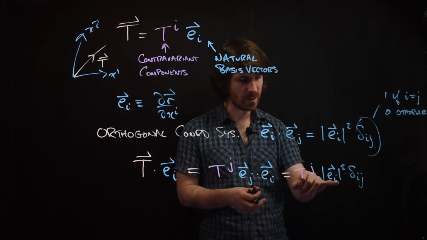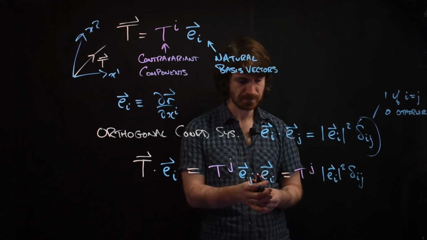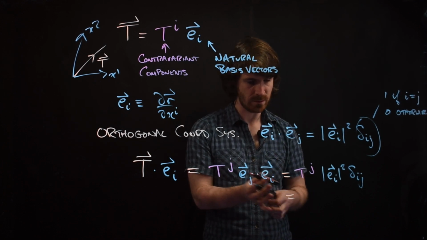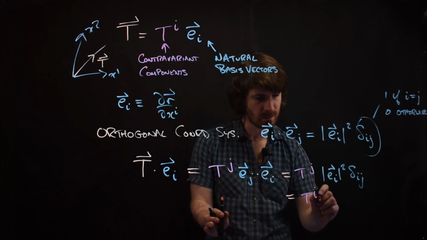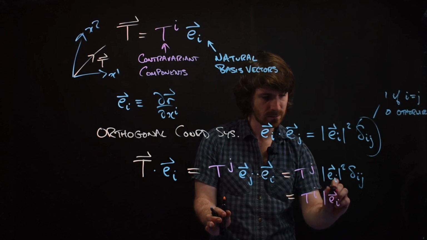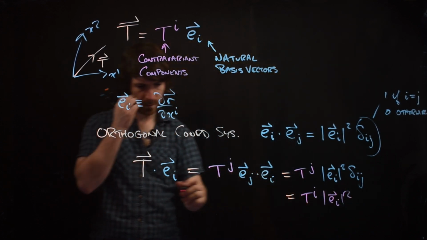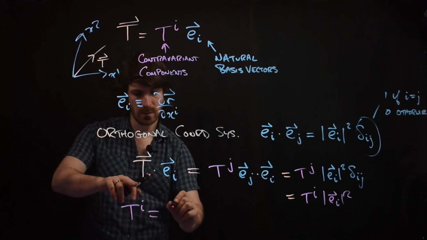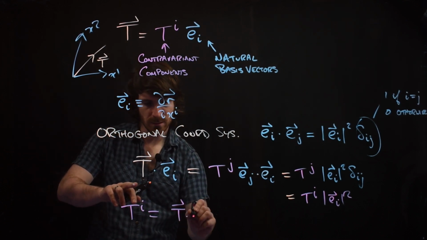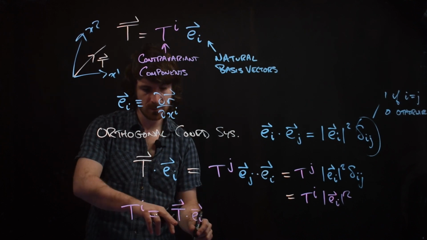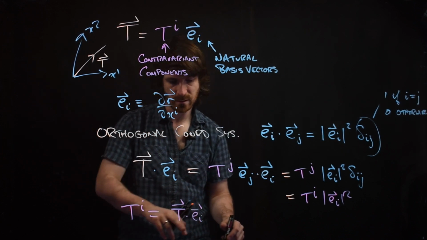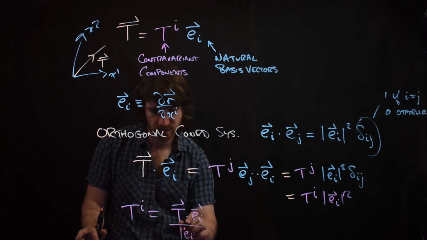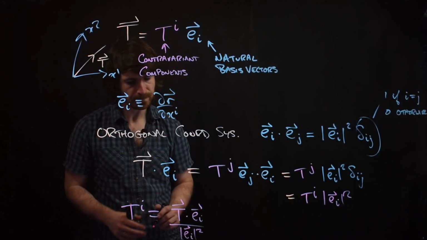And this delta_ij acts with the j to make this just t^i mod e_i squared. Okay, so t^i is equal to t dot e_i, the vector that we know dotted with the basis vector that we know, divided by the magnitude of the basis vector squared.